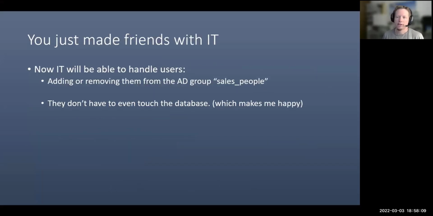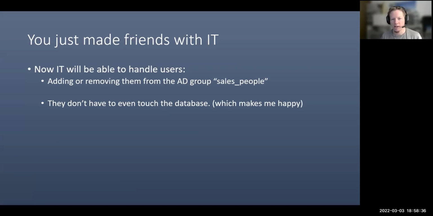So one of the things I like about the AD group is that IT is now able to handle users, because if IT adds a new user, Bob just got hired, and now Bob was added to the AD group salespeople, then Bob has permissions on the database. We don't need IT to go in and grant permissions within the database.